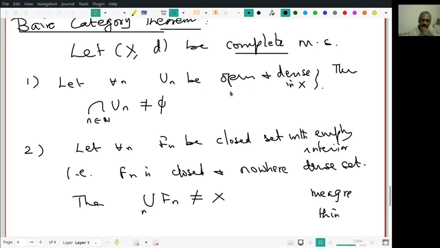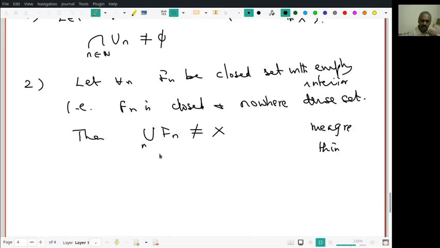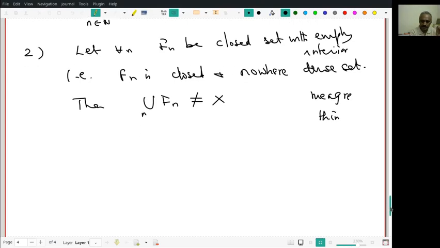Then suppose they are open dense, then this intersection is non-empty. That allows me to prove the existence of an element. The second version says a countable number of thin subsets of a complete metric space, their union cannot be X. Again, the intuitive example to have in mind is that a countable number of lines in R^2 can never have union equal to R^2, or a countable number of planes in R^3 can never be equal to R^3.